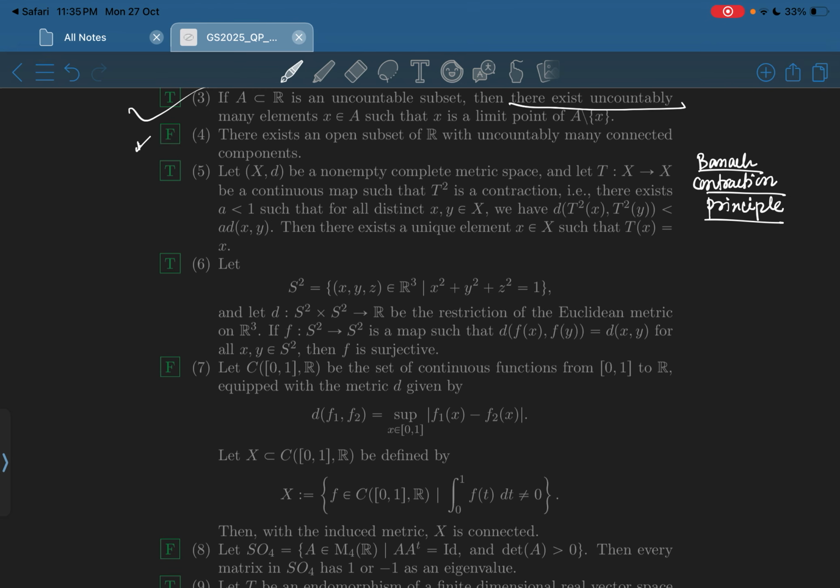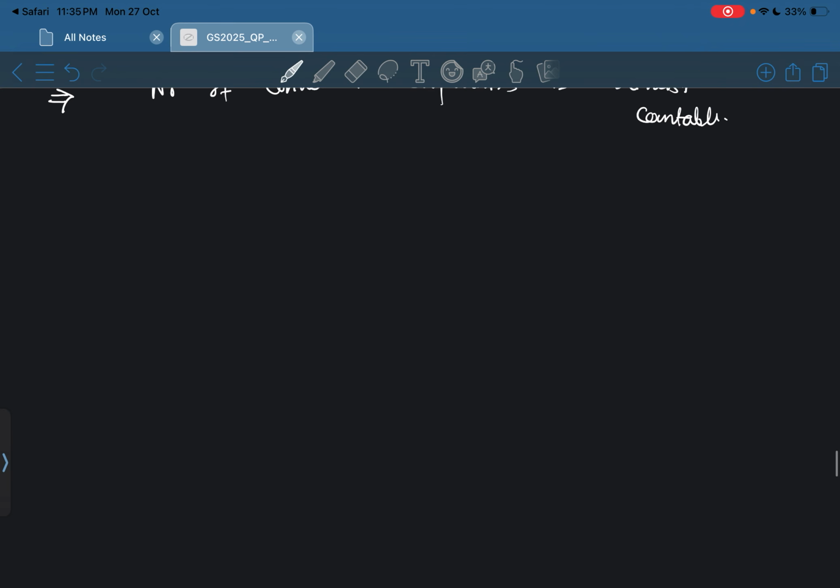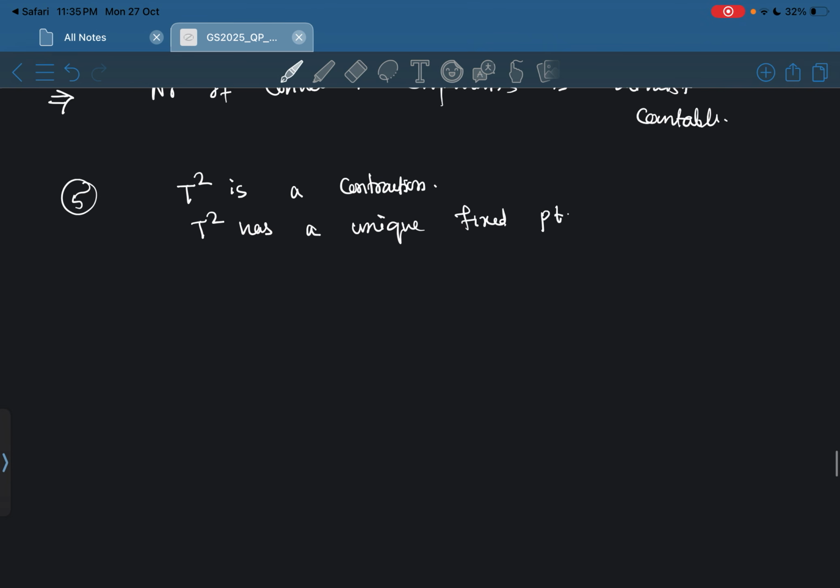So by using the Banach contraction principle, T square is a contraction, so T square has a unique fixed point, right? Since T square has a unique fixed point, that means T square x equals x.